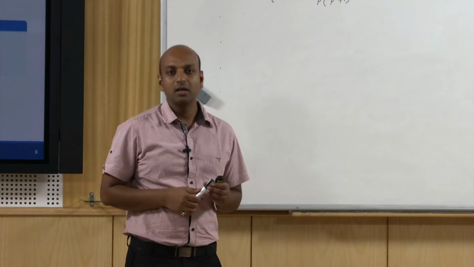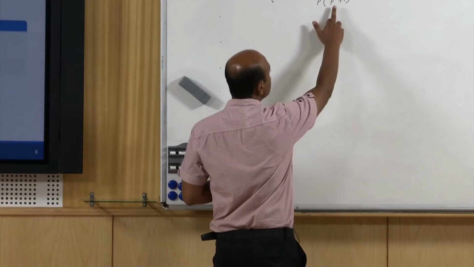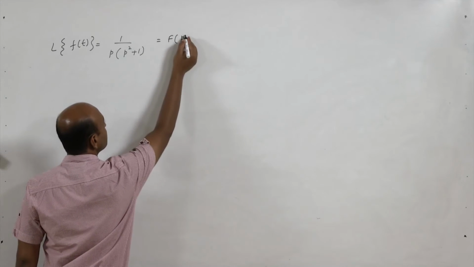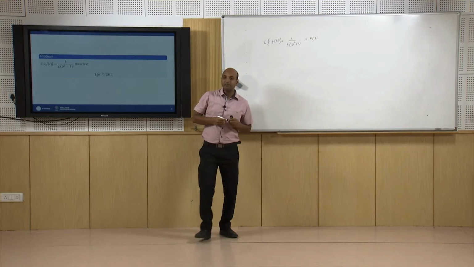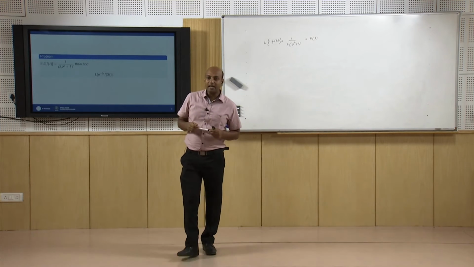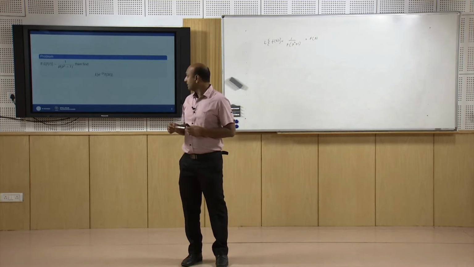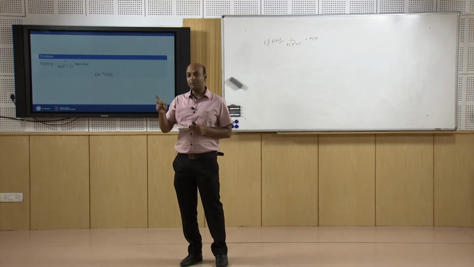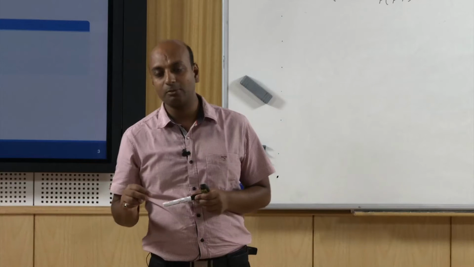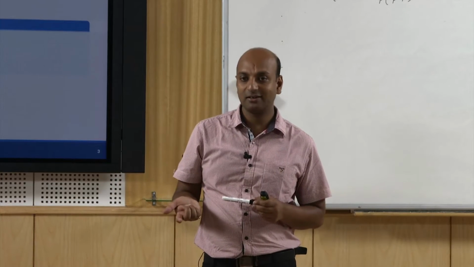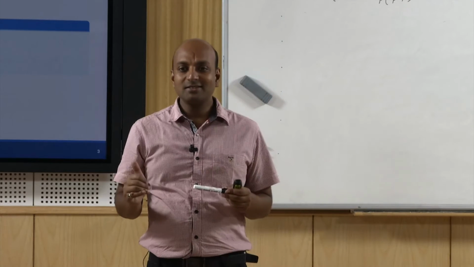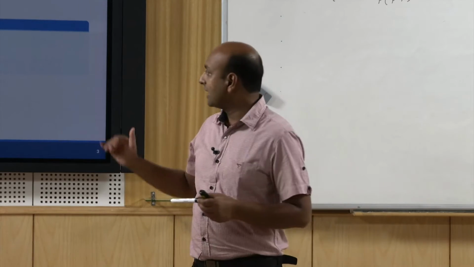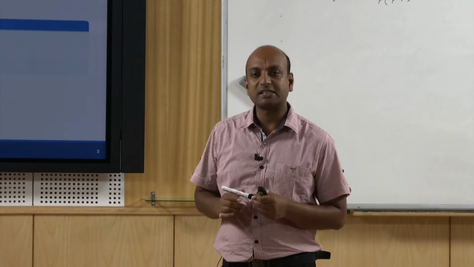One way is to find the Laplace inverse of this F(p), which will be nothing but f(t). Then find f(3t), and using the shifting property find the Laplace transform of e^(-2t) f(3t). The second way is to apply the change of scale property and then the shifting property to directly find the Laplace transform of this expression.